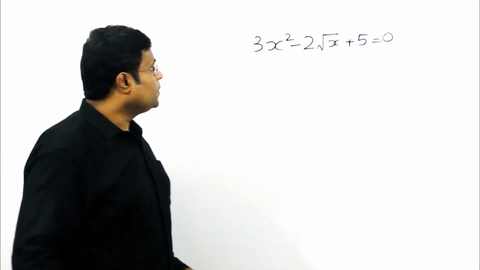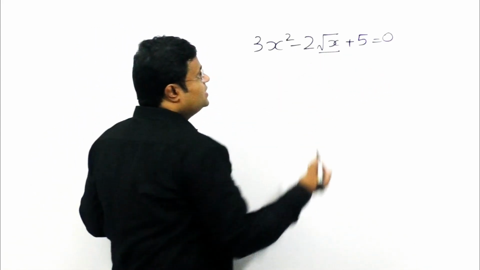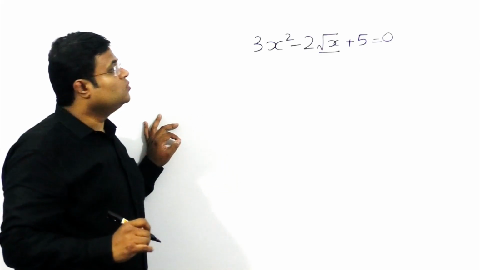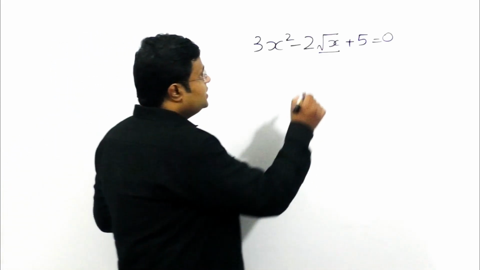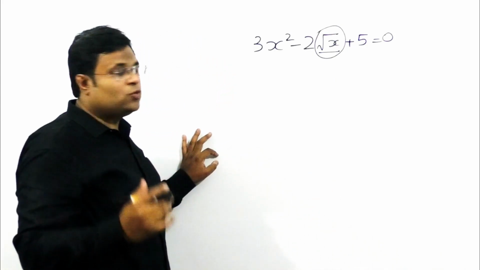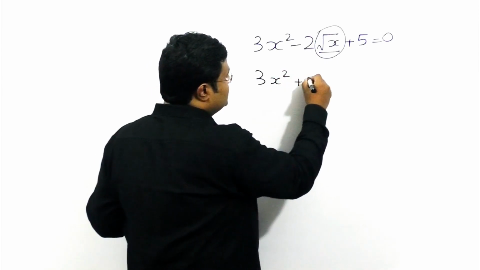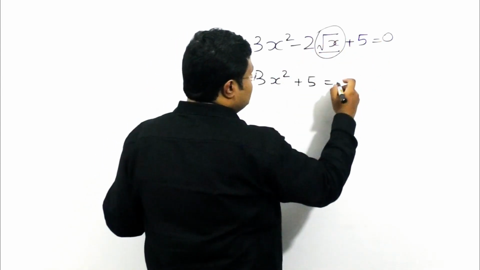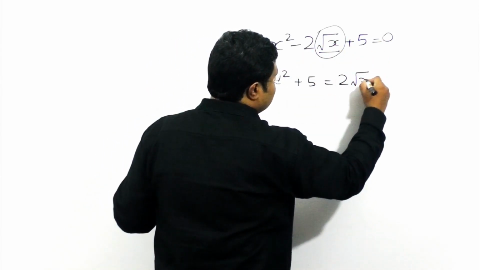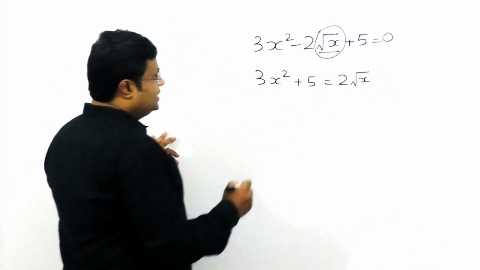Now what's the problem when there is a fractional power, meaning x raised to the power 1/2? In order to handle this fraction, we need to square both the sides. So we have here 3x² + 5, and I take this 2√x to the other side. And now we have to square both the sides.